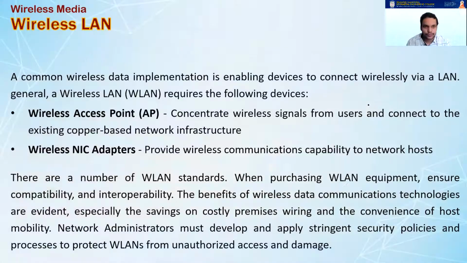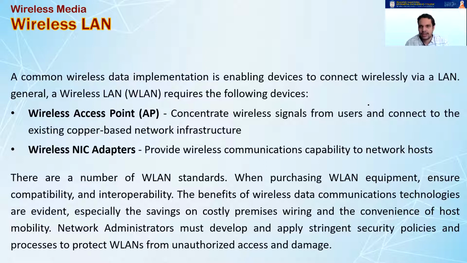So coming to the end, the common wireless data implementation is enabling devices to connect wirelessly to a LAN. Simply saying, if you have a wireless router, and you have your laptop or your phone sitting, you want it to communicate directly without the need for a wire. For that, the most important thing is your wireless access point, or APs, access points.